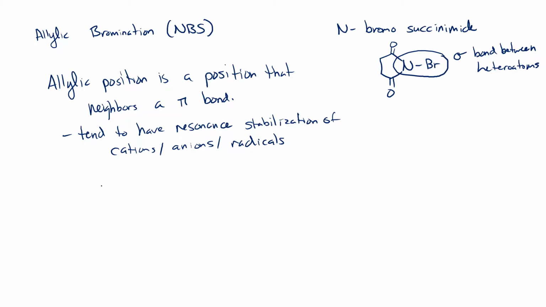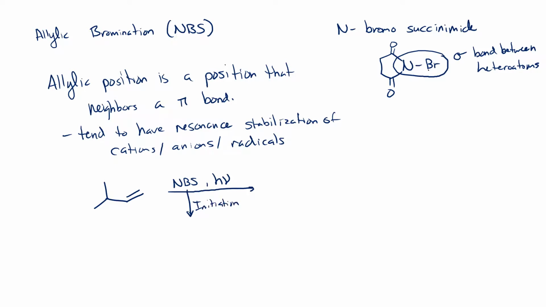So if we have this compound here, we treat it with NBS and light, right? The first thing that's going to happen is our initiation step. So NBS is going to undergo initiation.